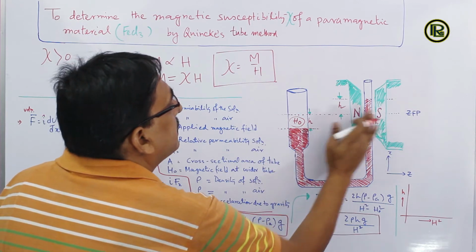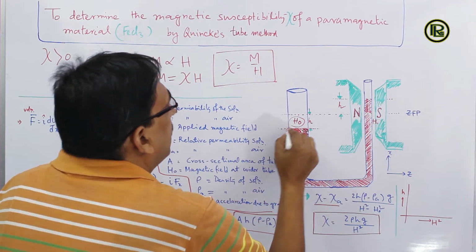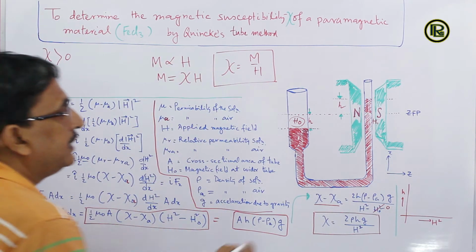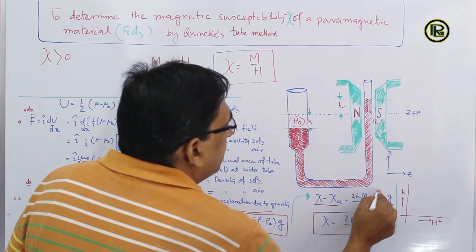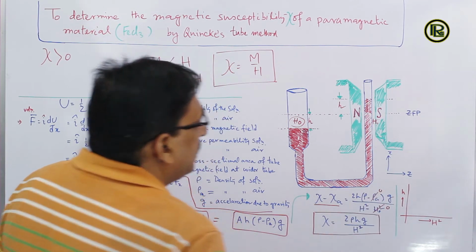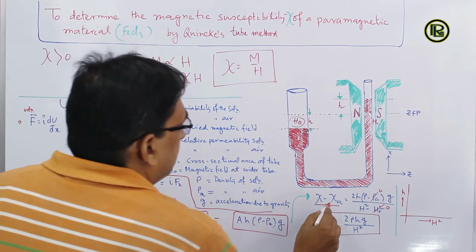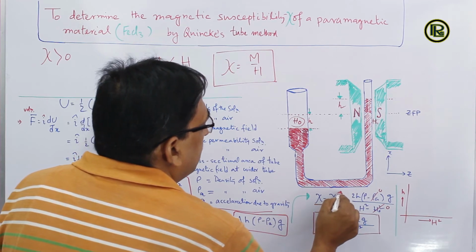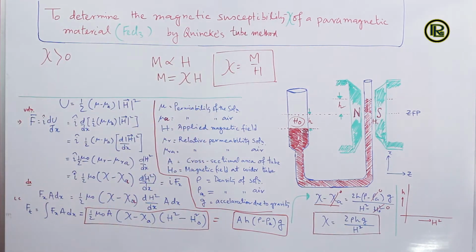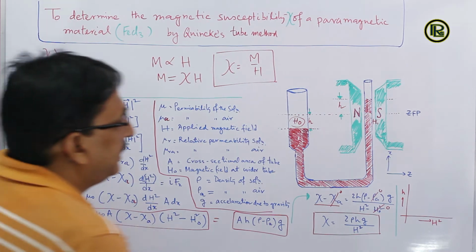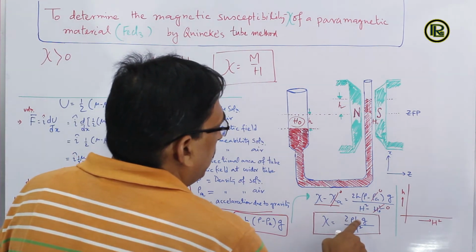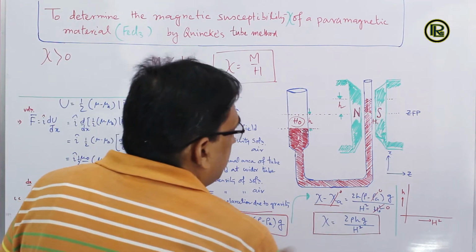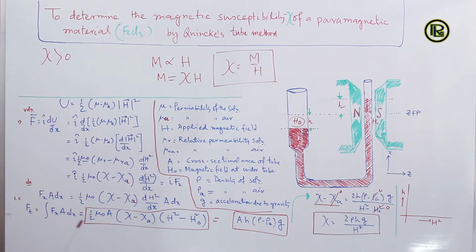This is away from these pole pieces, therefore this can be taken 0. Similarly, the air density can be neglected, this also can be taken 0, and this susceptibility of air can also be taken negligibly small. Therefore, we have the relation chi is equal to 2 rho hg upon H square. So this is my experimental working formula.